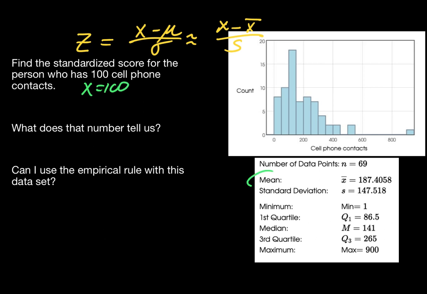My x bar is down here. That's my mean. So that's 187.4. And some of you are probably realizing at this point I should have my calculator out because we're going to calculate this, and I should verify that I'm getting the right number, that you're using our calculators the right way. And then s is the standard deviation, which is right here.